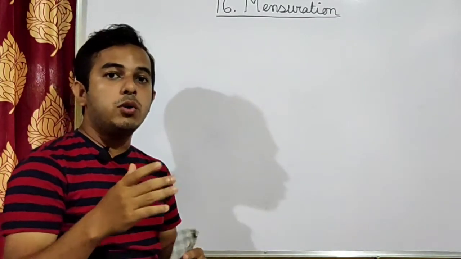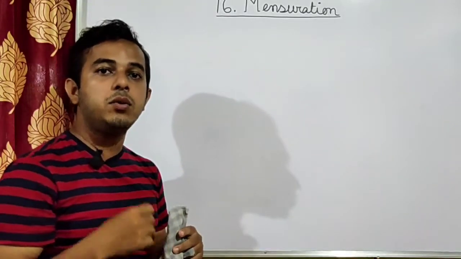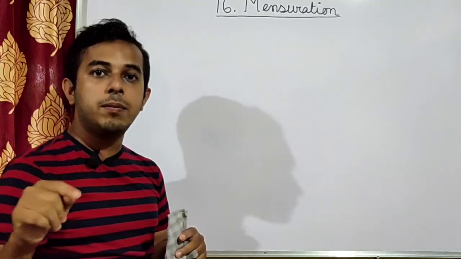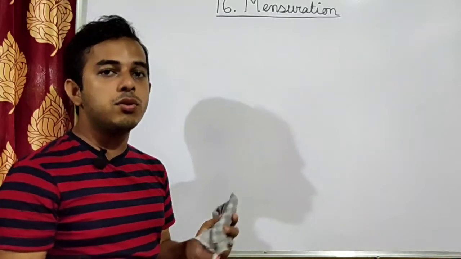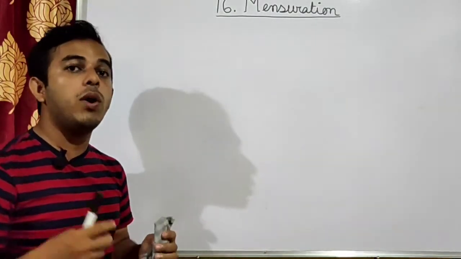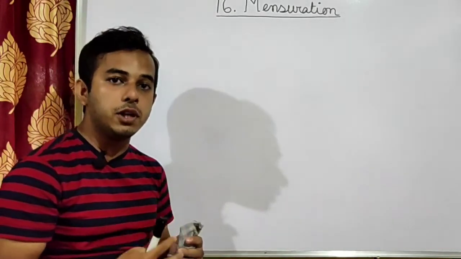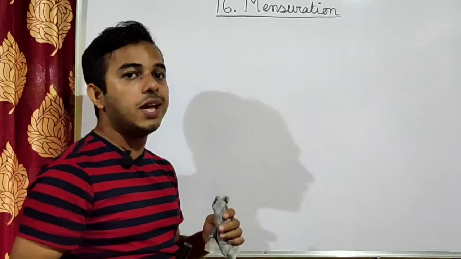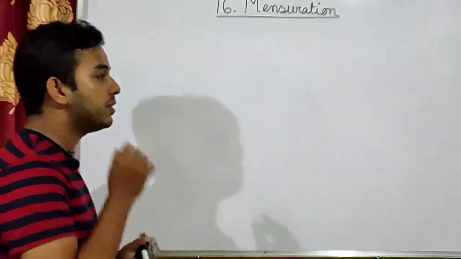So what will its perimeter be? If we denote any side with L, it will be L plus L plus L, like this 6 times, right? So its formula will be 6L. You just have to know what perimeter is: the length of the boundary. Just remember this thing.